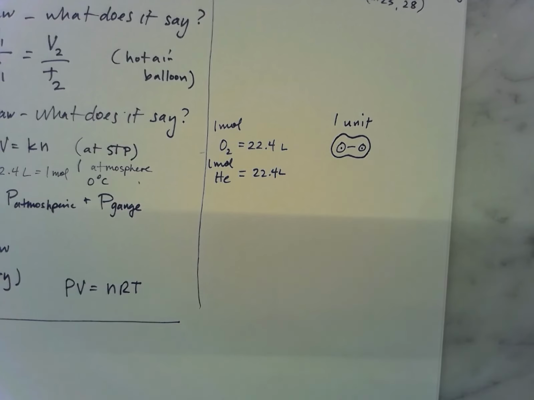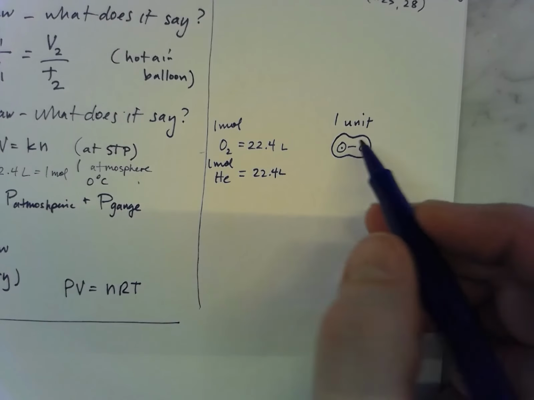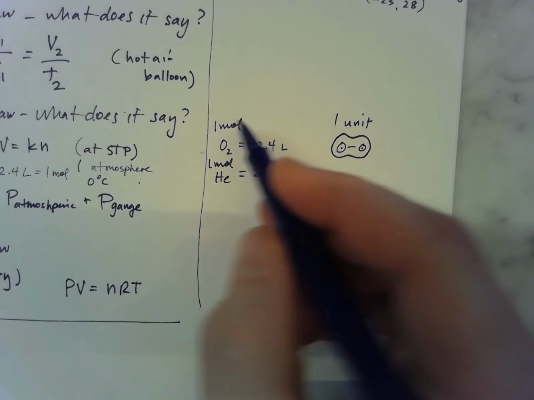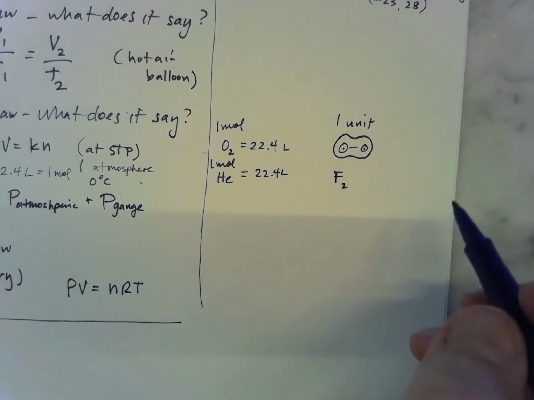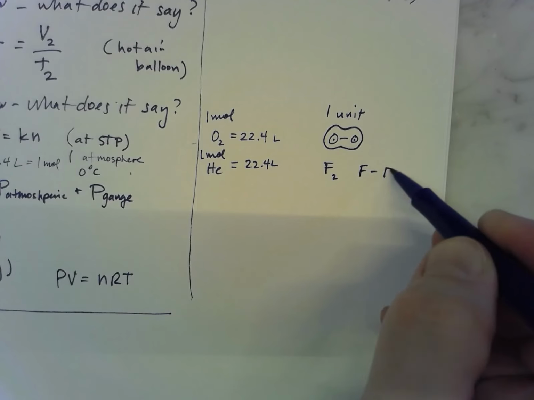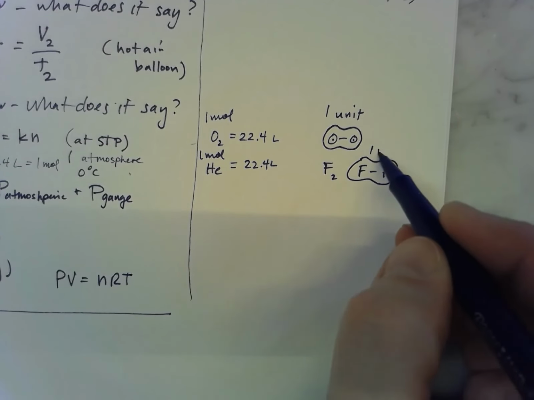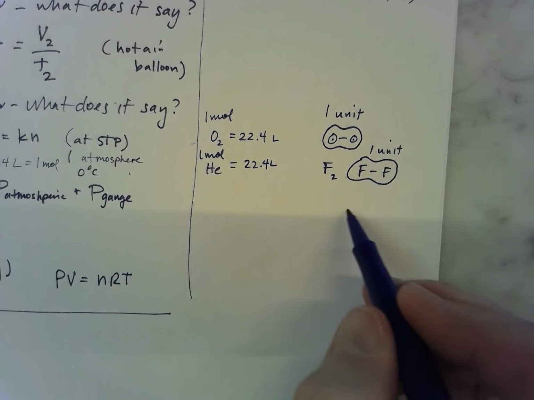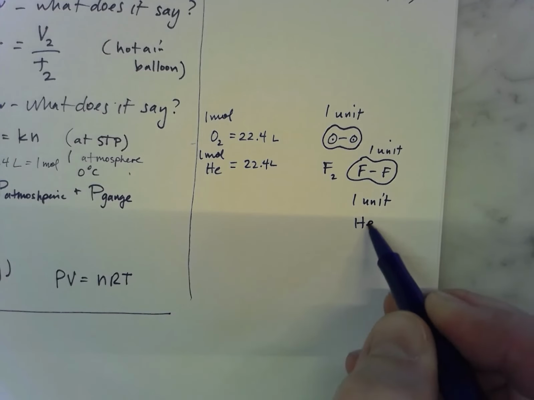It's kind of E.T. Now we're totally messed up on that one. So F2, which is another diatomic one, acts as 1 unit, whereas that's equal to 1 unit of helium, which is just an He.